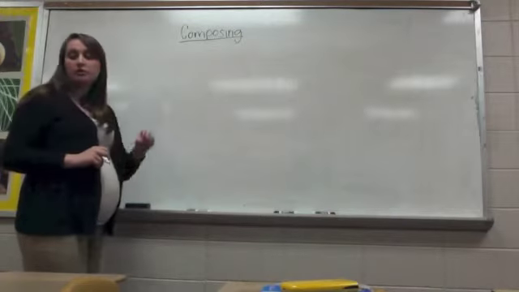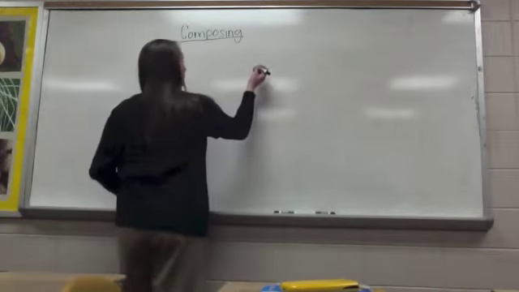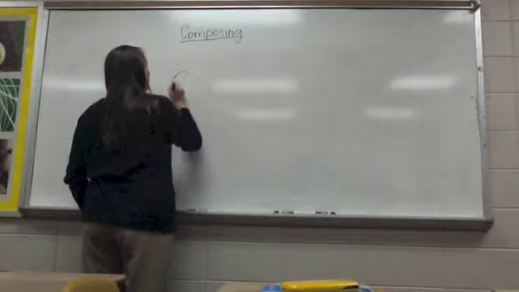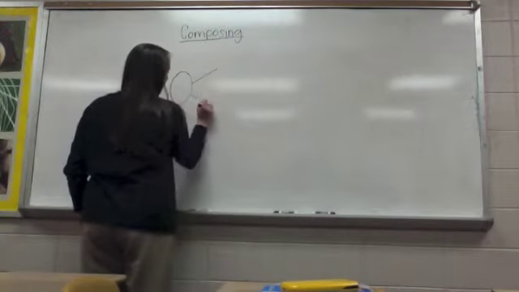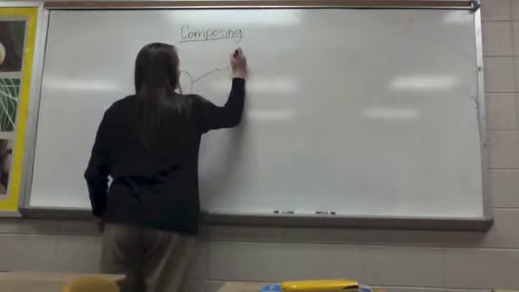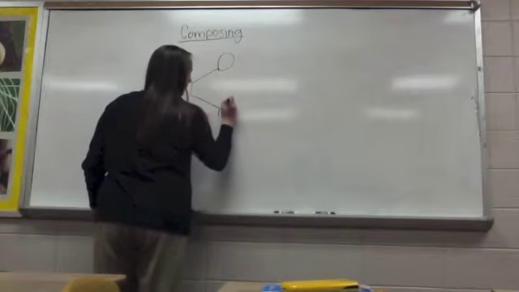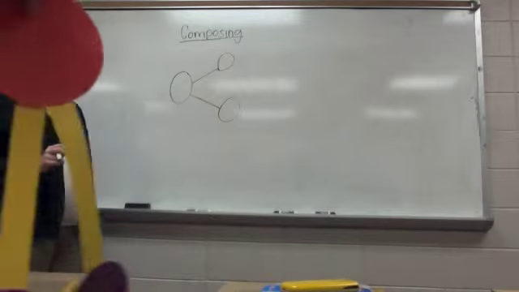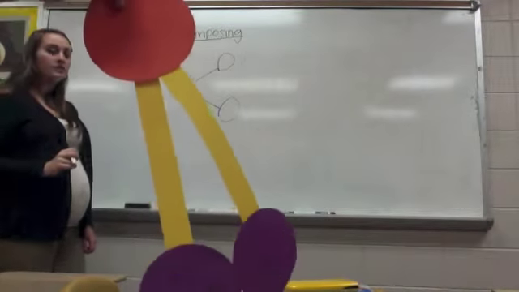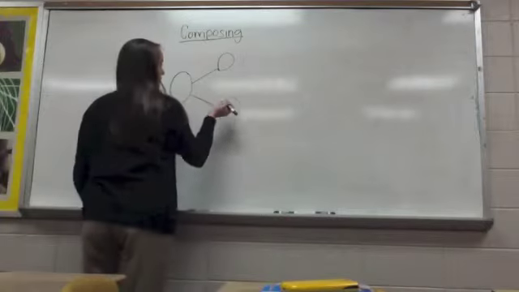Now I'm going to show you a number bond. It's just like dice. We are still composing, but instead of the dots, I gave you hearts. That's the example of the number bond.